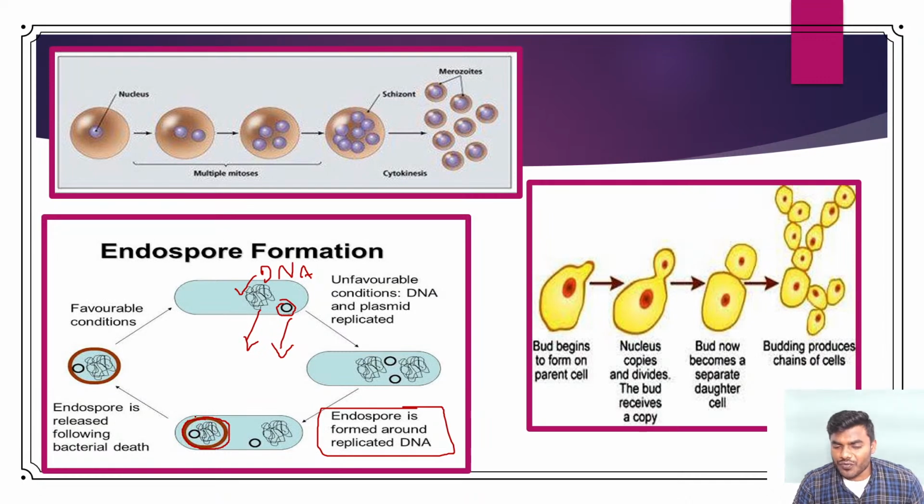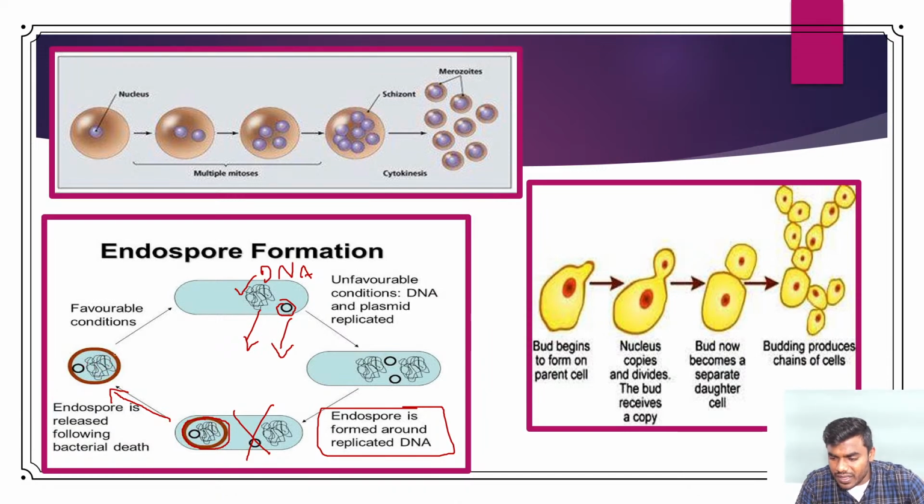Now an example: the condition is desiccation. Bacteria can't survive for a longer time. Imagine the bacteria died. From that dead bacteria, the endospore is released. You can see the endospore is already covering the original DNA and the extrachromosomal DNA, that is, the plasmid.